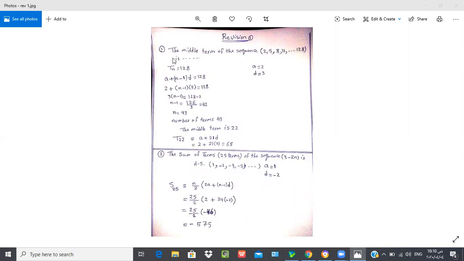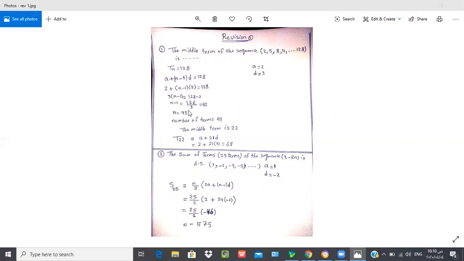So I will substitute in the last term rule, Tn equals 128: 2 plus (n minus 1) multiplied by 3 equals 128. So 3 multiplied by (n minus 1) equals 128 minus 2. So n minus 1 equals 126 over 3 equals 42. So the number of terms here is 43.